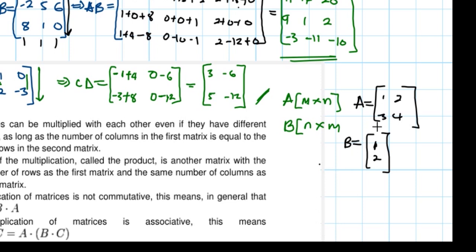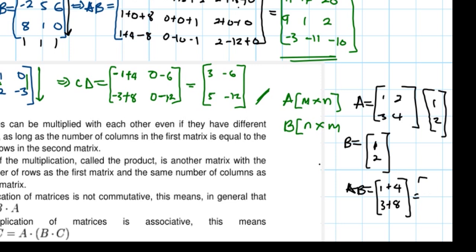And if you want to multiply these two matrices, AB is going to be equal to, let's bring this one here, 1, 2. So this times this, I'm going to have 1 plus this times this, I'm going to have 4. Then this times this, I'm going to have 3 plus this times this, I'm going to have 8.